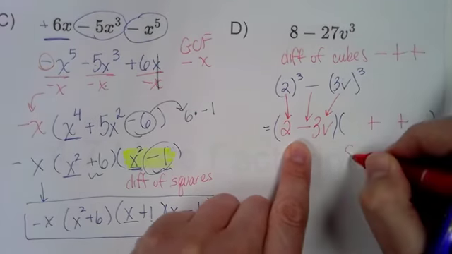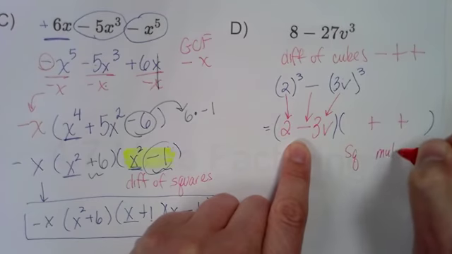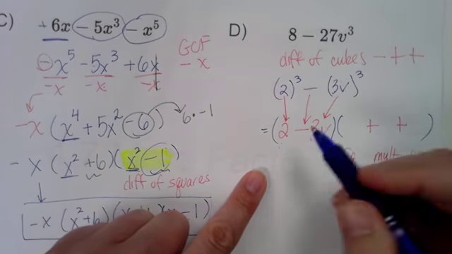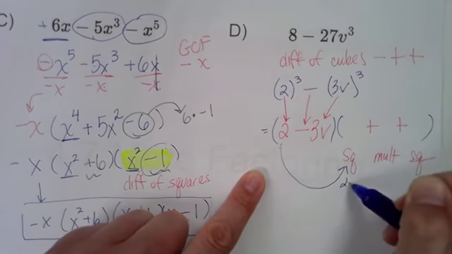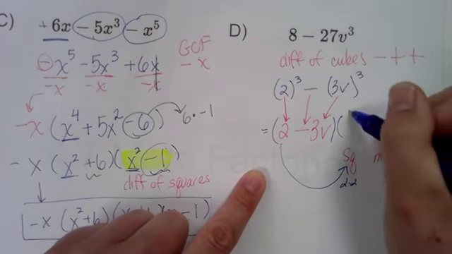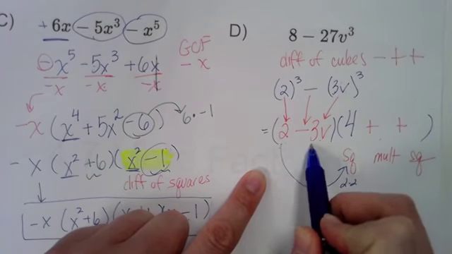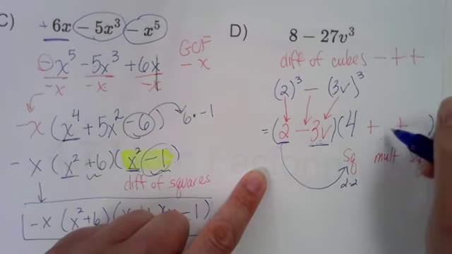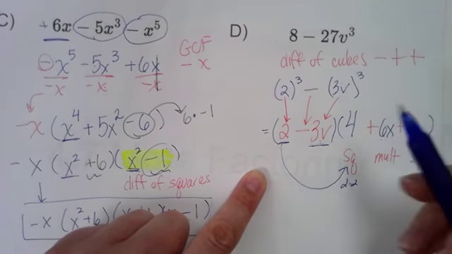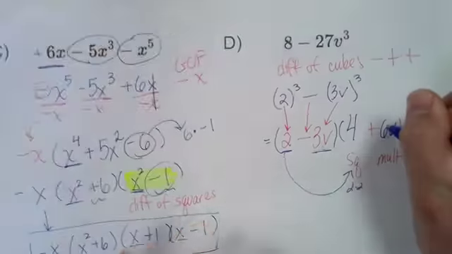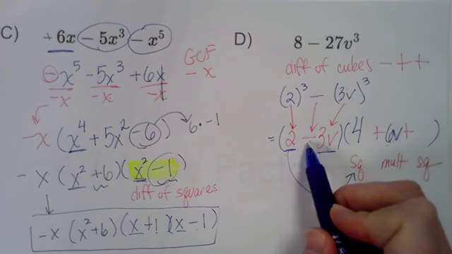And then the pattern is square the first thing, multiply for the middle, and square the last thing. So we square the first thing, which would be 2 times 2. What is that? 4. We multiply them together in the middle. What's 3b times 2? 6b. Not x, 6b. 6b is a better choice. There we go. Do I have to worry about the negative?